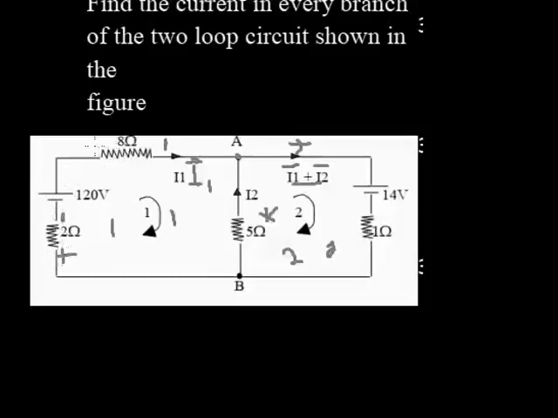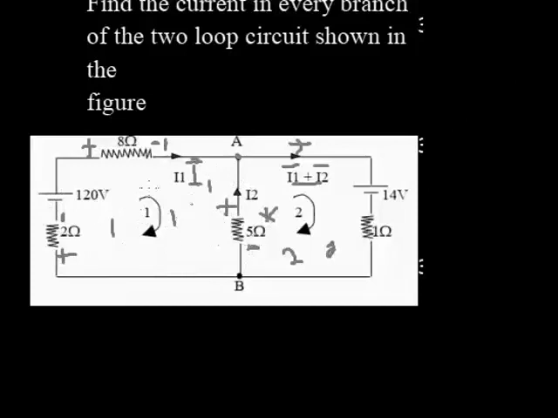For this 8 ohm resistor, this side is connected to positive and this side is connected to negative. Tracing it to this 5 ohm resistor in the first loop, this side is negative and this side is positive.